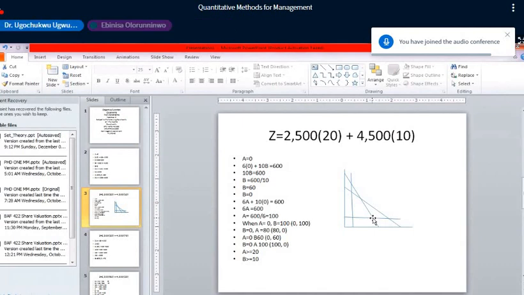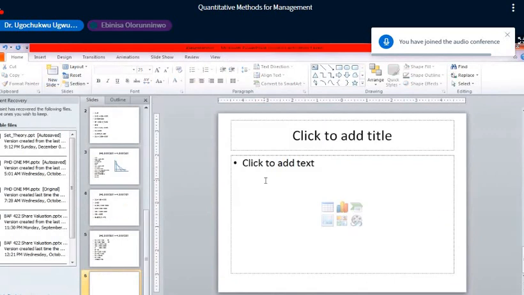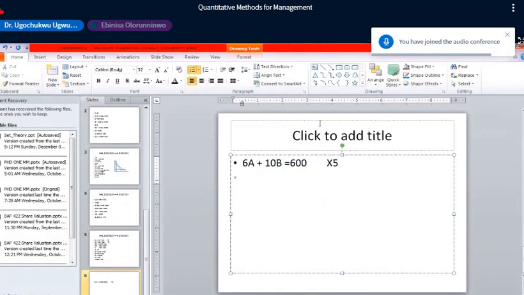Now, how do we determine this point here? If you look at the intersection of this point, it is where B is 10 and 6A plus 10B is equal to 600.